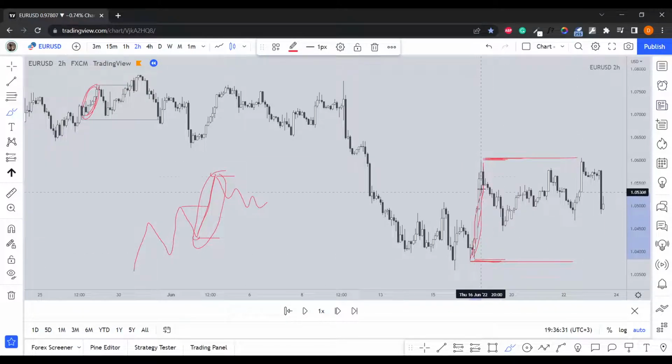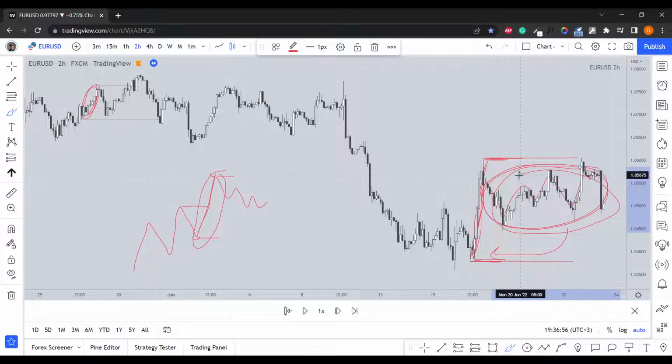So it created an area, an impulse area, a range like we call it, and then it starts a consolidation which can have a lot of forms. And so it forms inside structure. Why is it inside structure? Because it's inside this push. Another name for this is fake structure. So this can be called a fake structure.